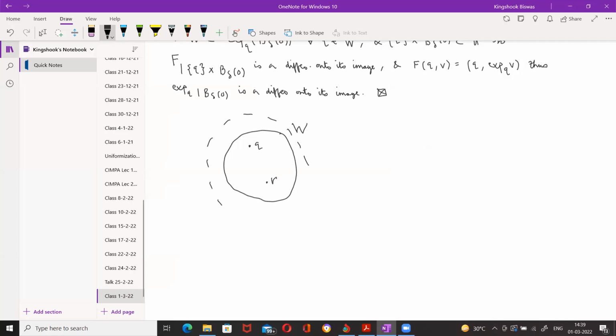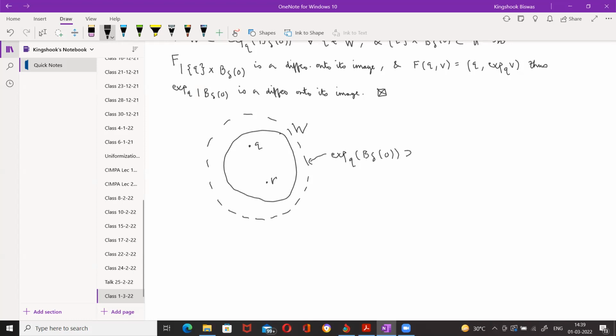So that image will contain the neighborhood W. So this dotted ball is the x_Q of B_delta(0).